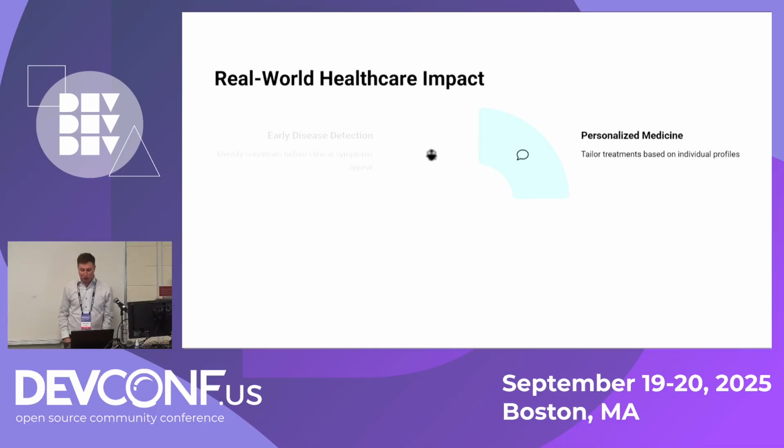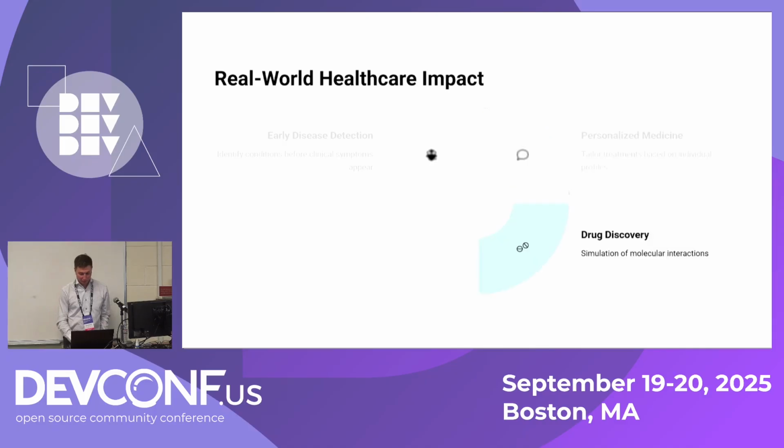I think we can get a lot more people happier and also healthier if we personalize our medicine. So that's another big benefit. For disease detection specifically, it works at two levels: individual and then population.